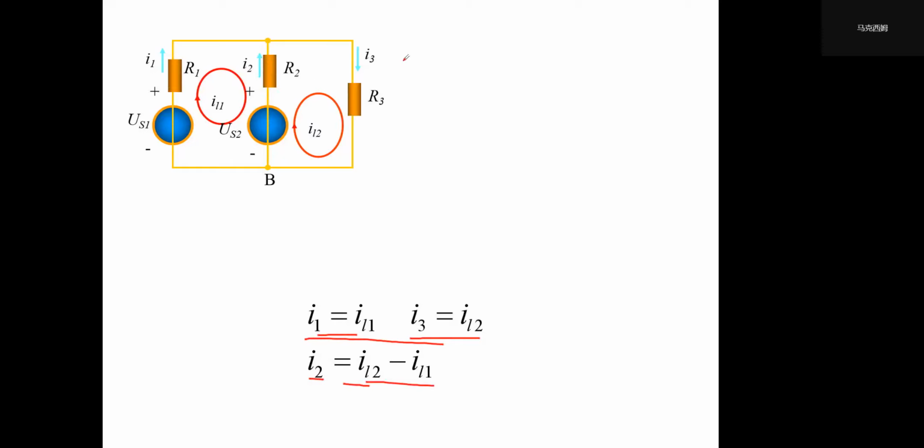Instead of calculating three branch currents, we're only calculating two loop currents. So still we can list the KVL equation to solve the unknown loop current.